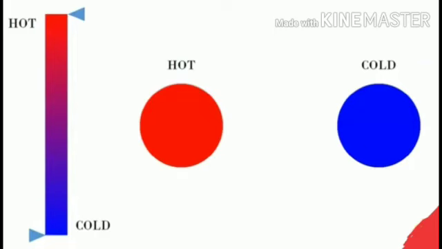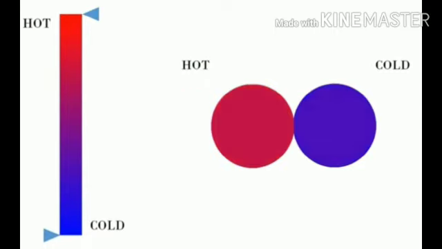Similarly, here we have two objects depicted in red and blue color. The red one is a hot object and the blue one is a cold object. What will happen if we bring these two objects closer, as you can see in the diagram?